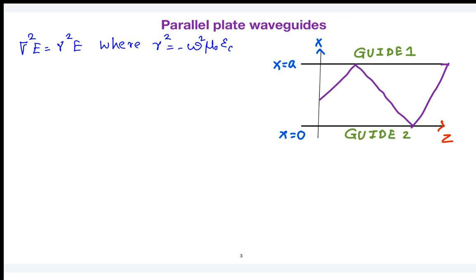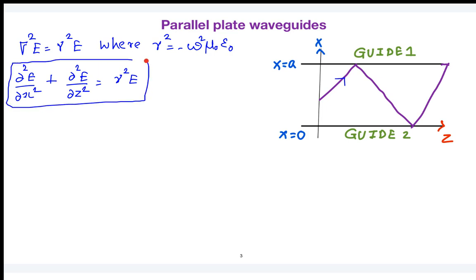Since the direction of propagation consists of x and z, when I expand del square E, we should write it as dou square E by dou x square plus dou square E by dou z square is equal to gamma square E. So can you tell me how to write this equation in waveguides?